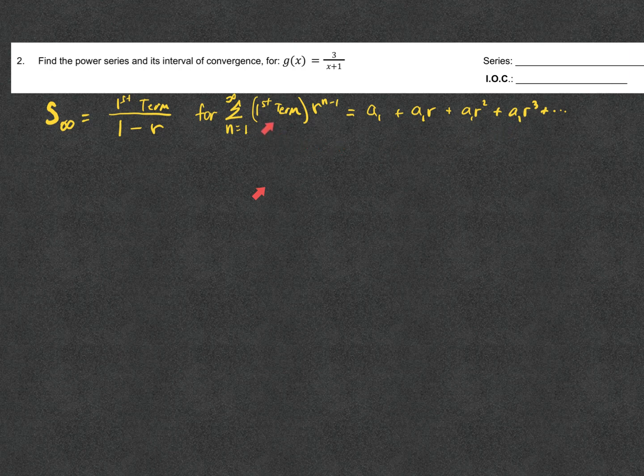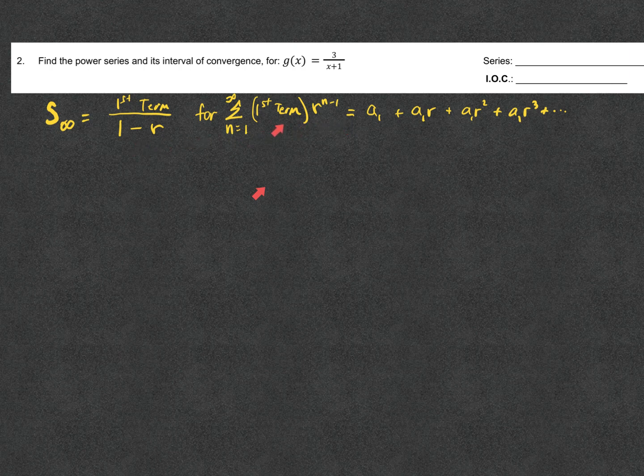In other words, the first term multiplied by the common ratio. And you can see that if we start with 1 with the exponent of n minus 1, the first term will be r to the 0 power, which is just 1. So the first term will be the first term.